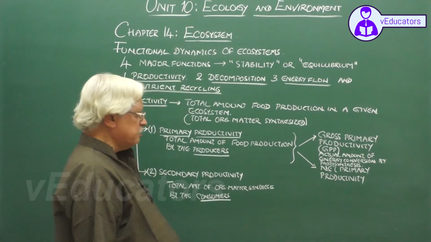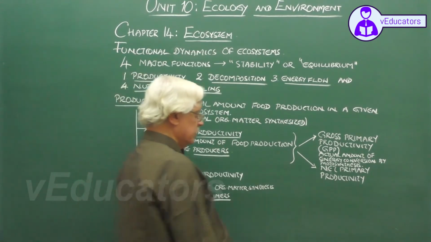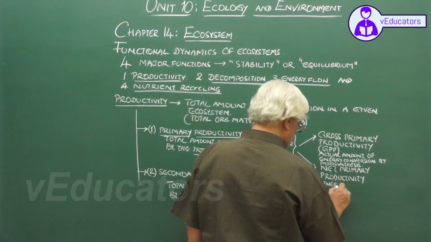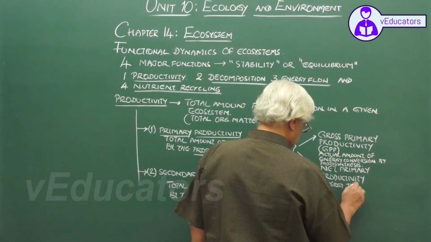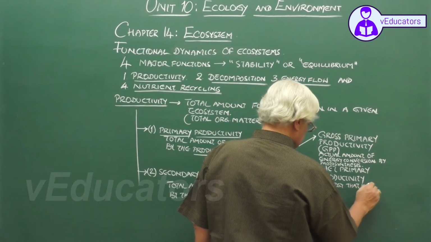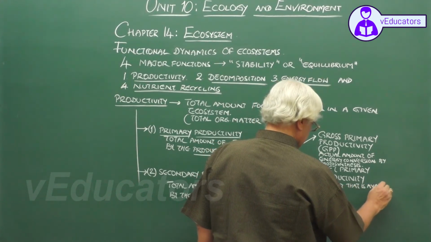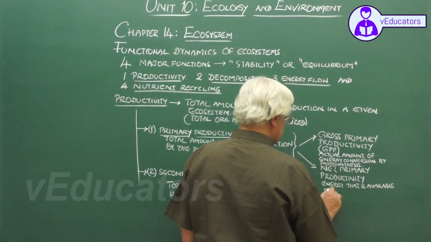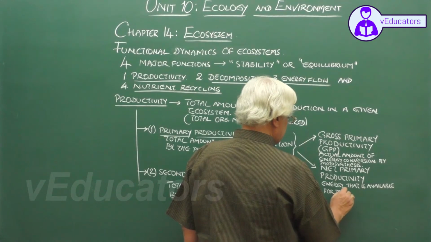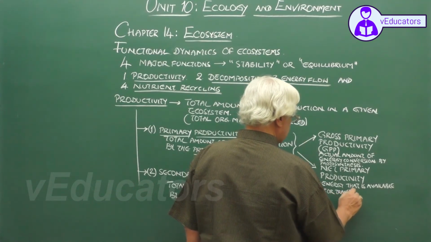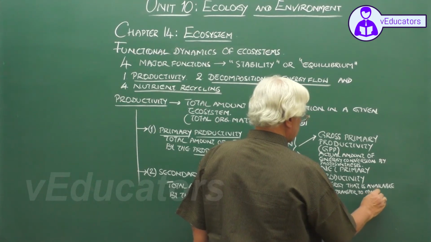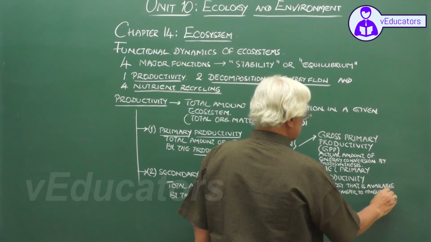Whereas net primary productivity is the energy that is available for transfer to consumers.